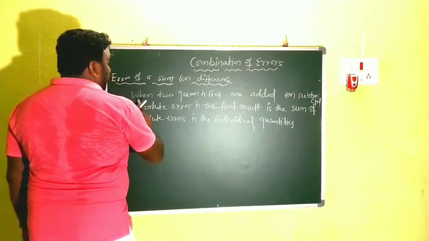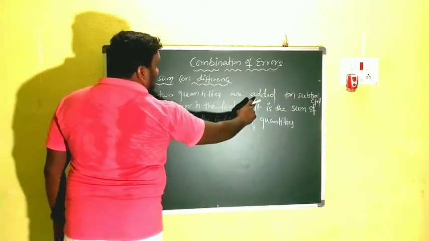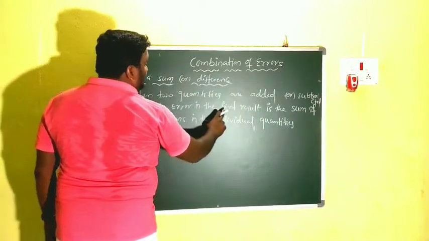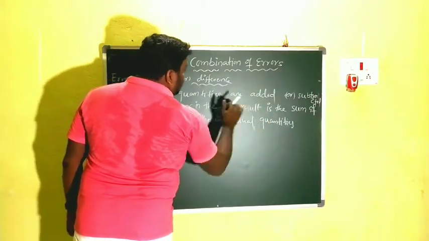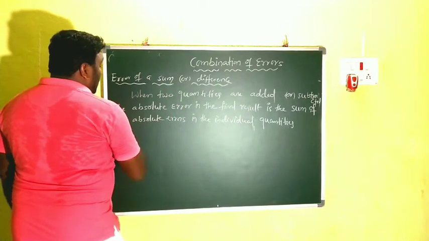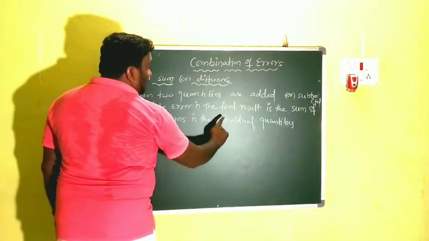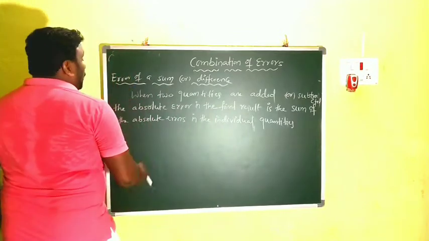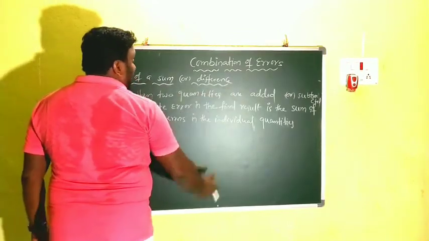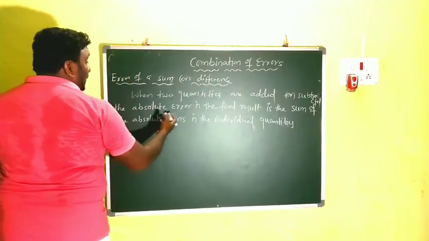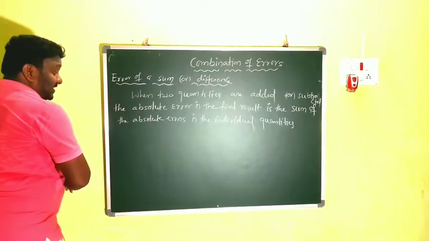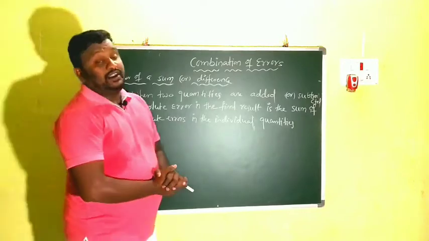When two quantities are added or subtracted, the absolute error in the final result is the sum of the absolute errors in the individual quantities. See once again, when two quantities are added or subtracted, the absolute error in the final result is the sum of the absolute errors in the individual quantities.